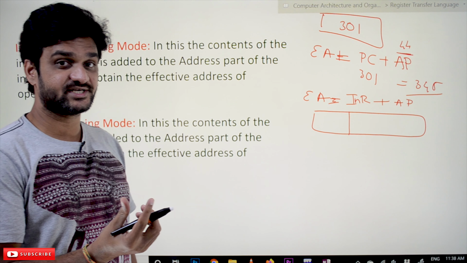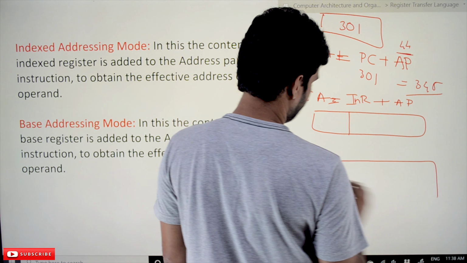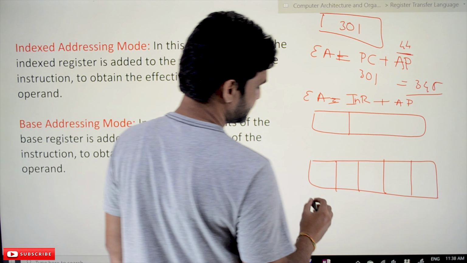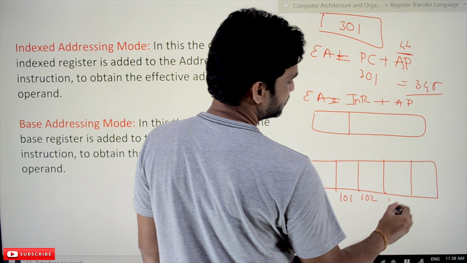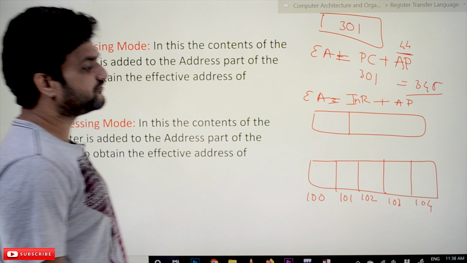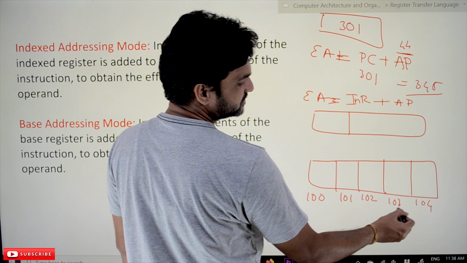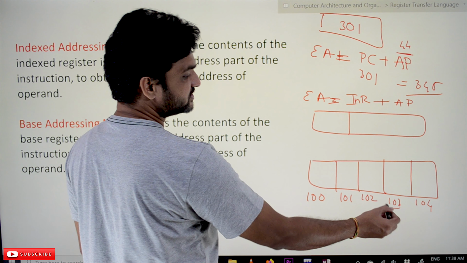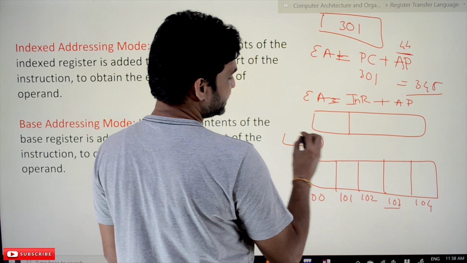What is the use of this index addressing mode? The name itself states that it is index. For example, let's take an array starting from 100. So 101, 102, 103, 104. In order to fetch the value that is stored in 103, how this index addressing mode works is, the value is stored in the index register.